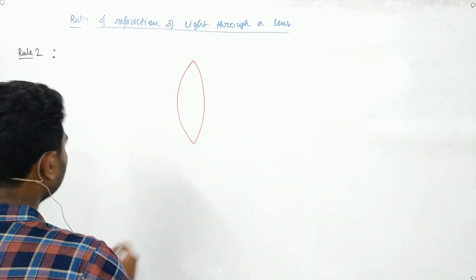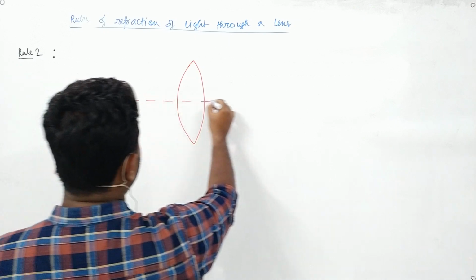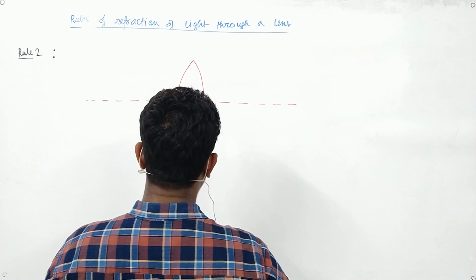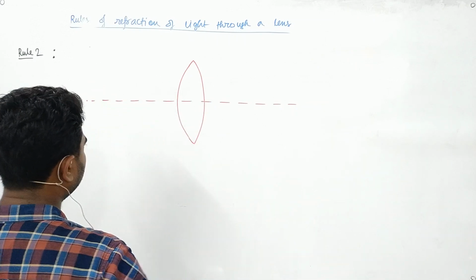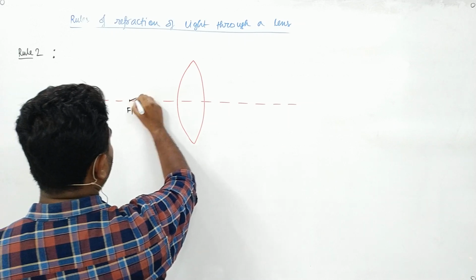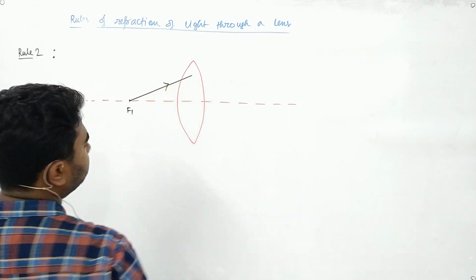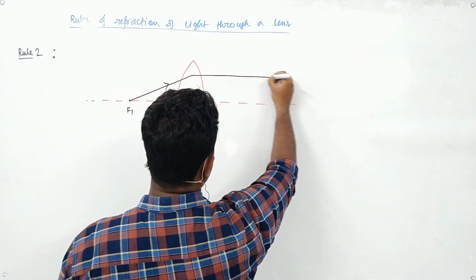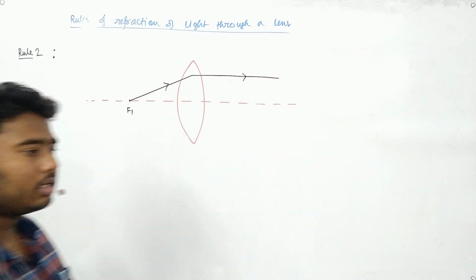Rule 2 states that if a ray of light emerges out from the first focal point, then after refraction it will move parallel to the principal axis.